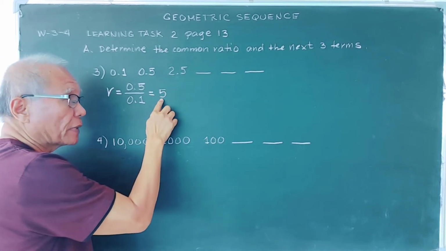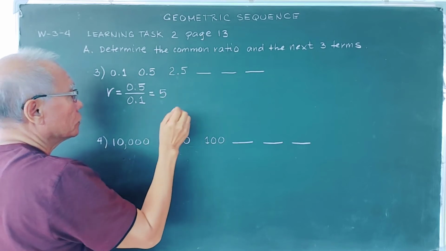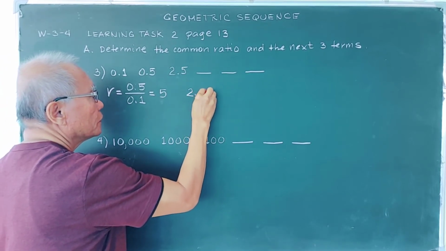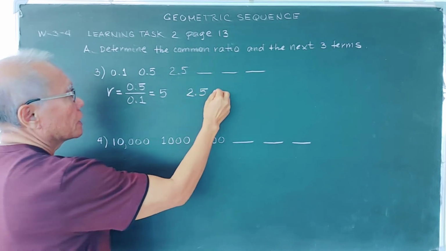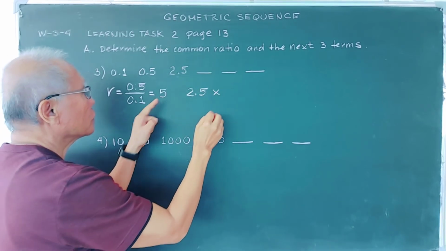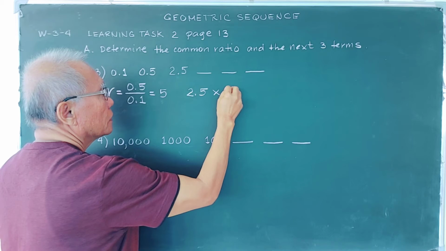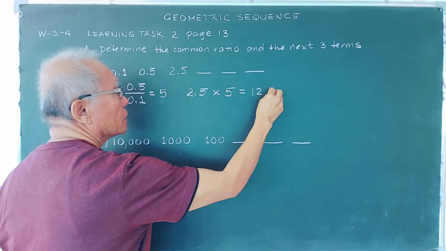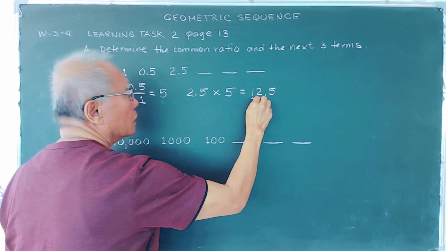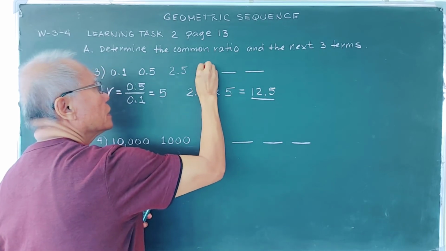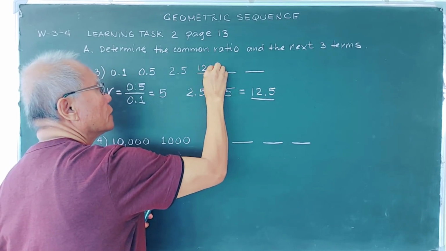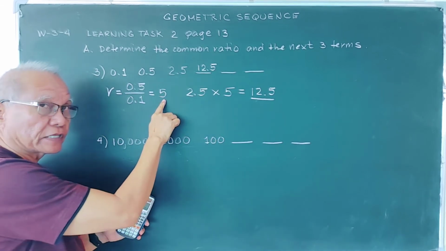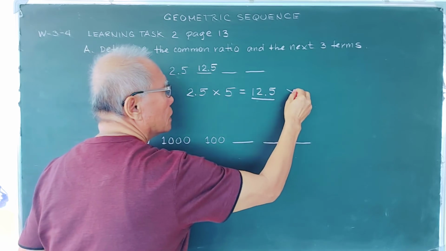So, ito, multiply natin ng 5 para makuha ito. So, dito tayo, 2.5 times itong ratio na 5 is 12.5. Ito ay 12.5. Ito, tatimes ulit natin ng 5.